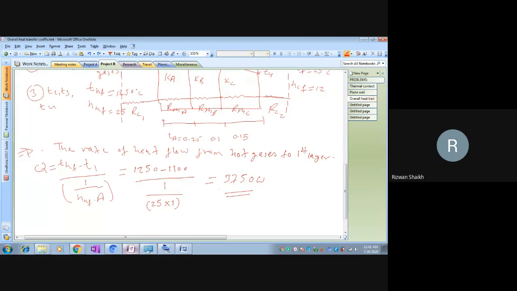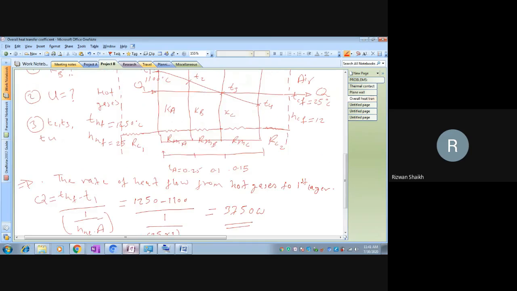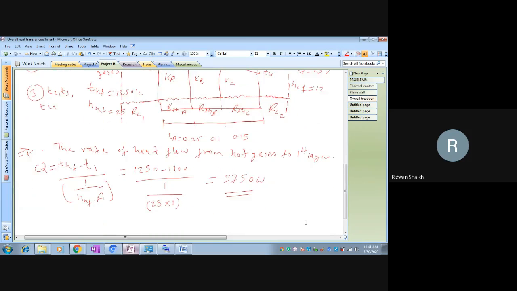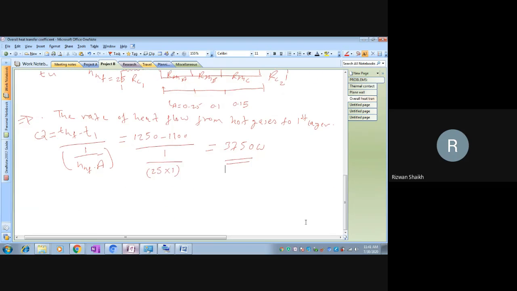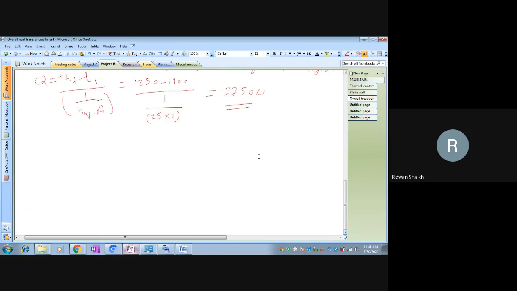Now, as the amount of heat flowing between each layer is the same, this Q we can apply to the second layer, third layer, and so on. We'll go with the first layer.